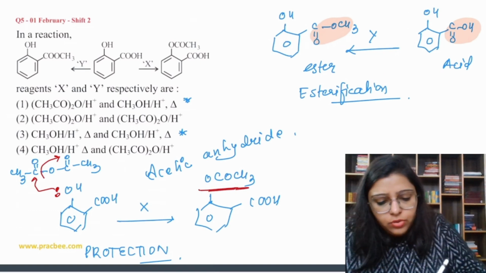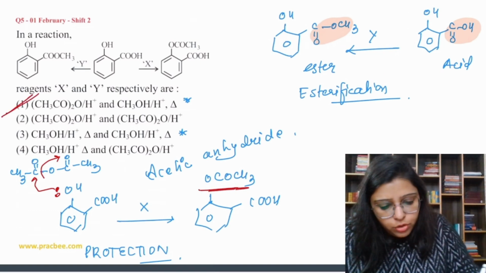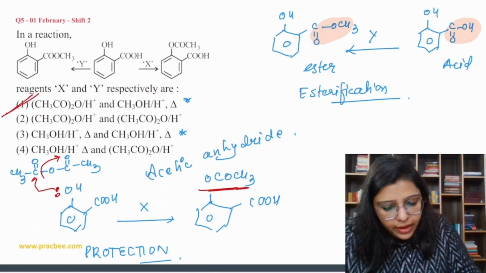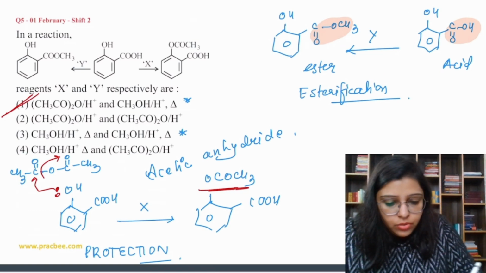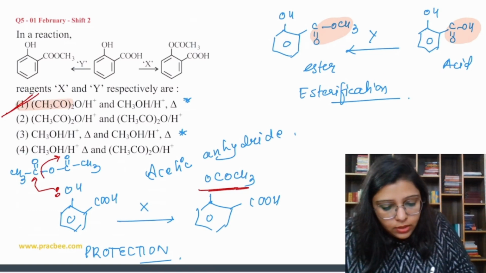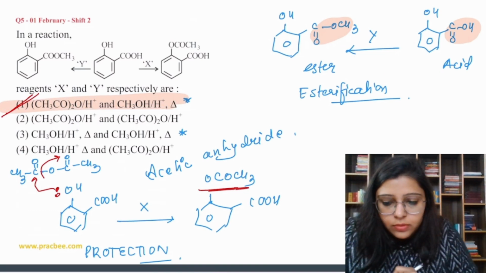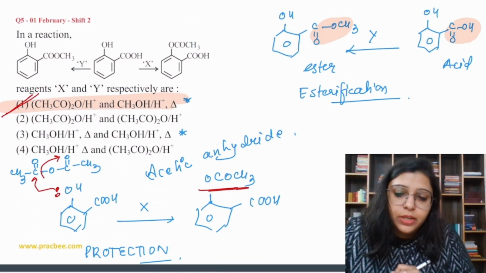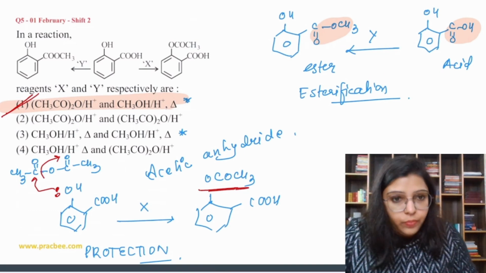So as per this, X is going to be acetic anhydride and Y is going to be CH3OH and H plus. Now next question.